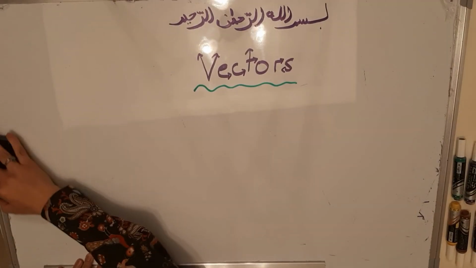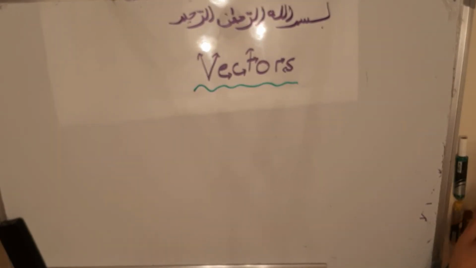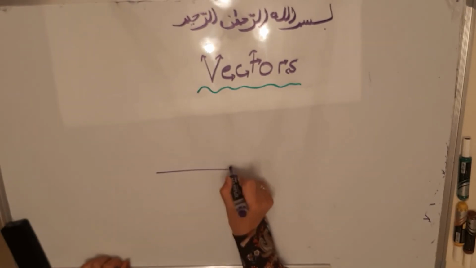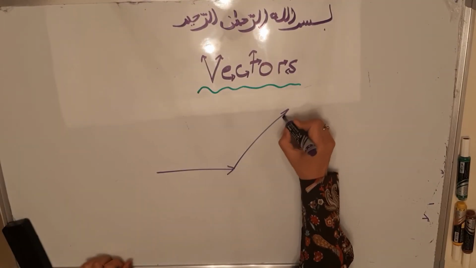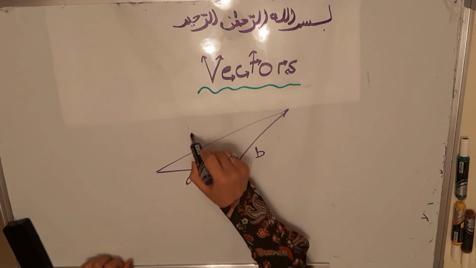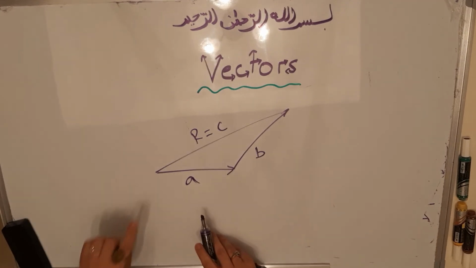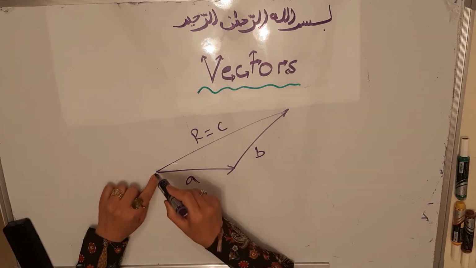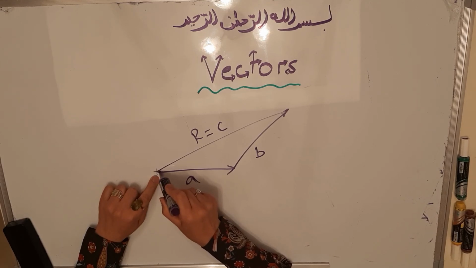So hopefully this clarified calculations about vectors for you. As a reflection or a summary, if you've got two vectors, this is how we add them, A, B, then the resultant, or C. The tail of the first vector is going to correspond to the tail of the resultant.